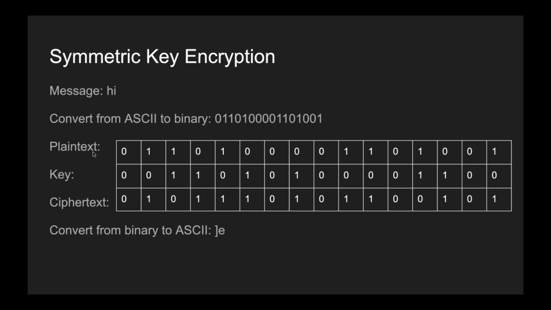But more or less, you just mash the plain text and the key together, and you get the ciphertext. Then to get back from the ciphertext, you just mash the ciphertext with the key again, and you get back to the plain text. So here, when we take hi and mash it with this key, we get a closed bracket and the letter E, which doesn't look anything like the hi that we originally sent. And decryption works the same way backwards.